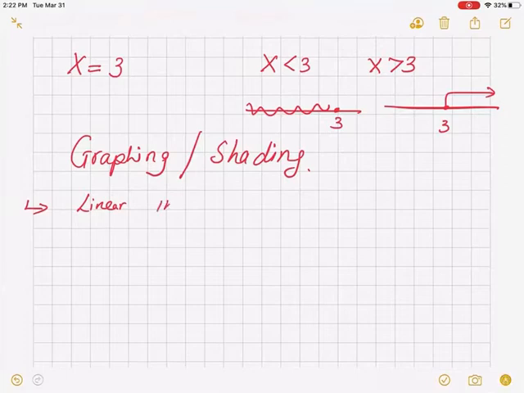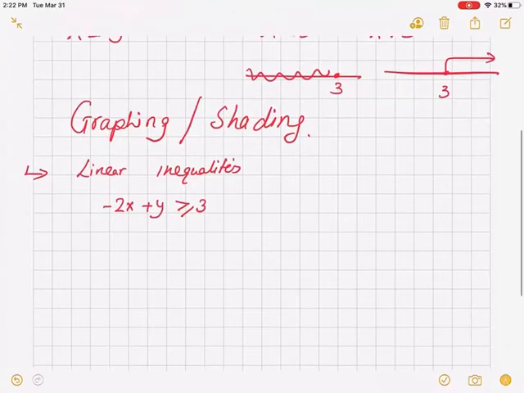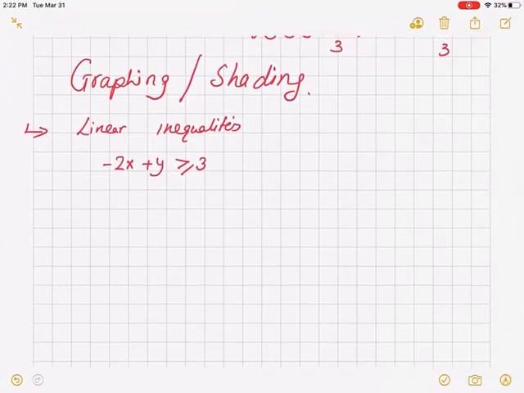So linear inequalities, how do we do that? Let's say my function looks something like this: 2x plus y is greater than or equal to 3. In order to graph this linear inequality, first you have to put this into slope-intercept form, which is y equals mx plus b.